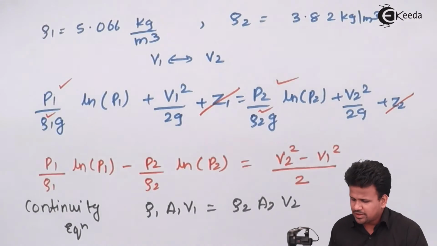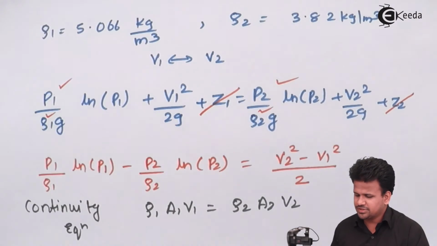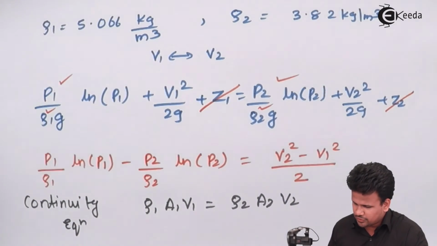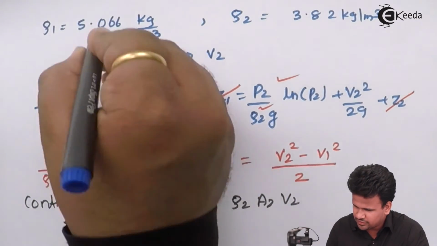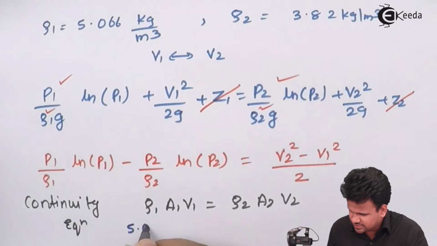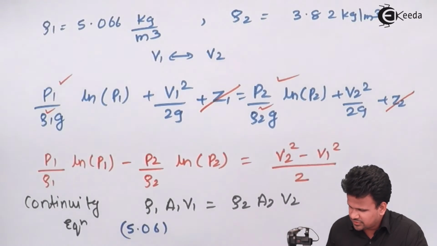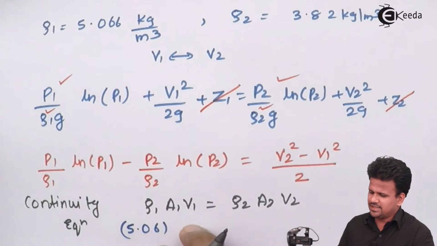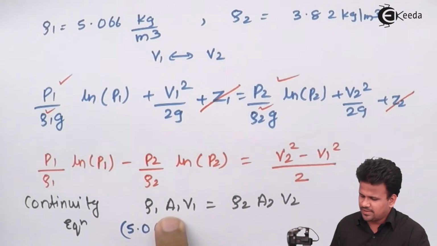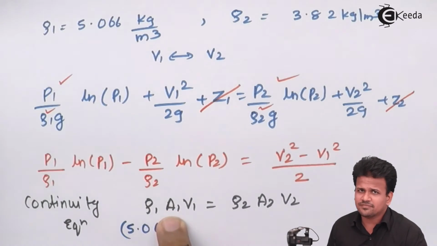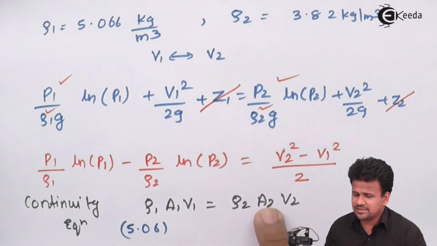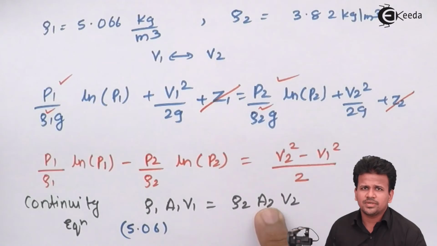So let us calculate the relationship between v1 and v2. The value of ρ1 came out to be 5.06, and the area will be pi by 4 into d1 square, and this area will be pi by 4 into d2 square.